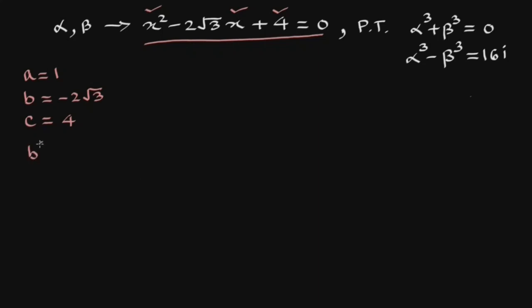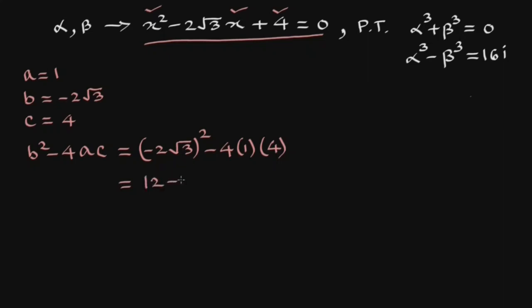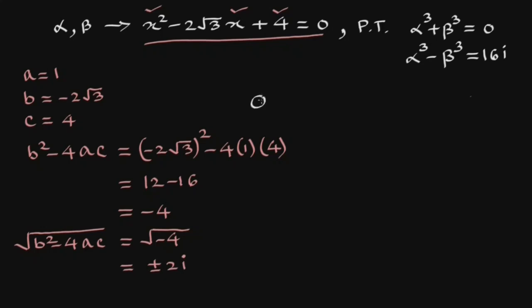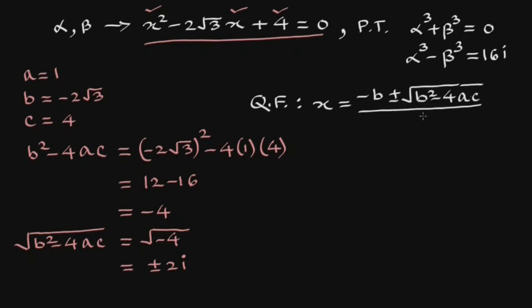Next we find b² − 4ac, which is (−2√3)² − 4·1·4. That will be 4·3 = 12, minus 16, which is −4. So the square root of b² − 4ac will be √(−4), which will be ±2i. Now by the quadratic formula, x = (−b ± √(b² − 4ac)) / 2a.